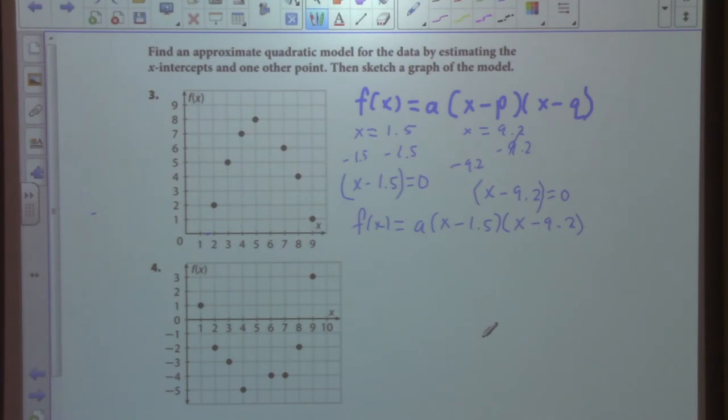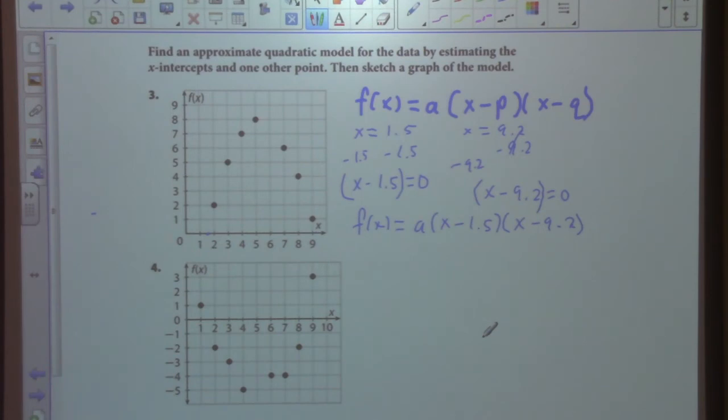Find or use one other point. What's the one other point you want to use? Let's go with 5/8.